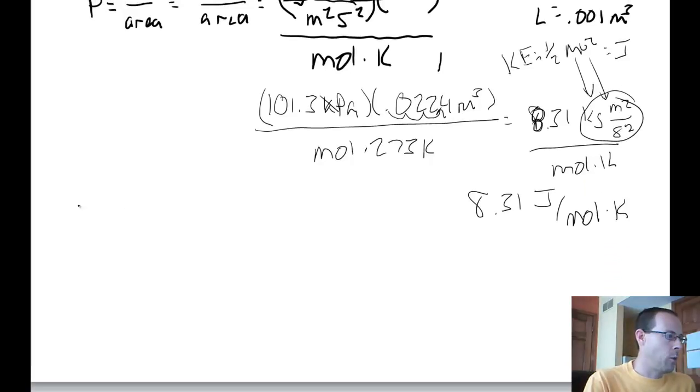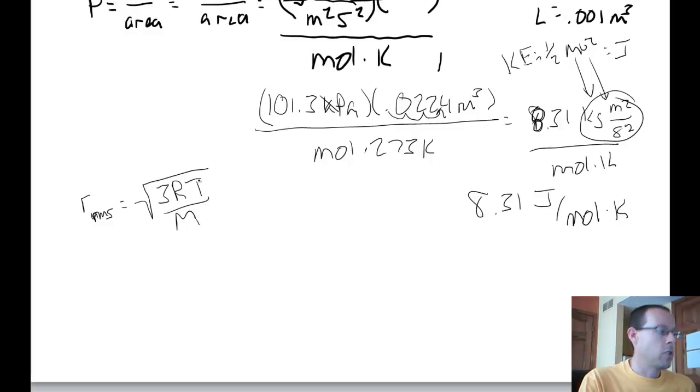All right, so we have this equation, which is known as the root mean square velocity. Sometimes it's an R for rate, sometimes it's a V, but you have this little RMS for root mean square. And the way we solve this is the square root of 3RT over molar mass. Alright? So when we use this equation, because we want a speed at the end, we want to isolate this meter squared per second squared, is really what we want to do.